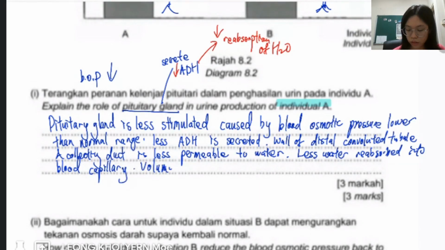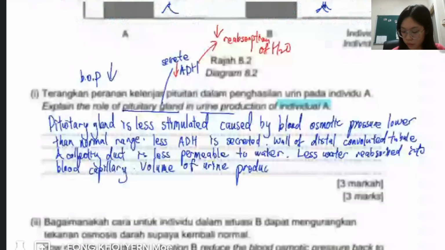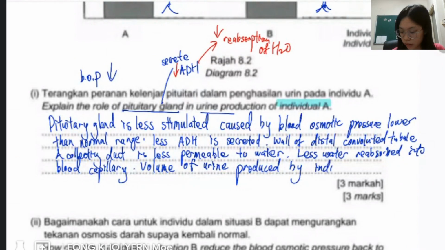So that's how you relate to the urine production. The volume of urine produced by individual A is more than individual B.